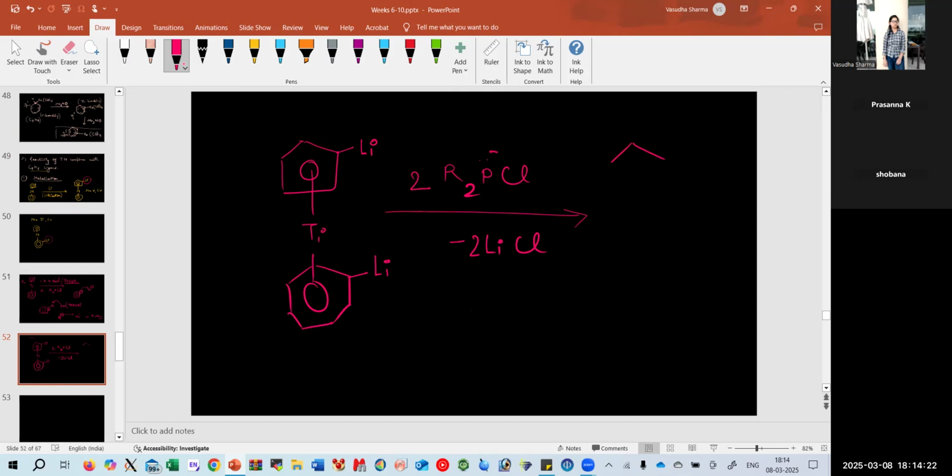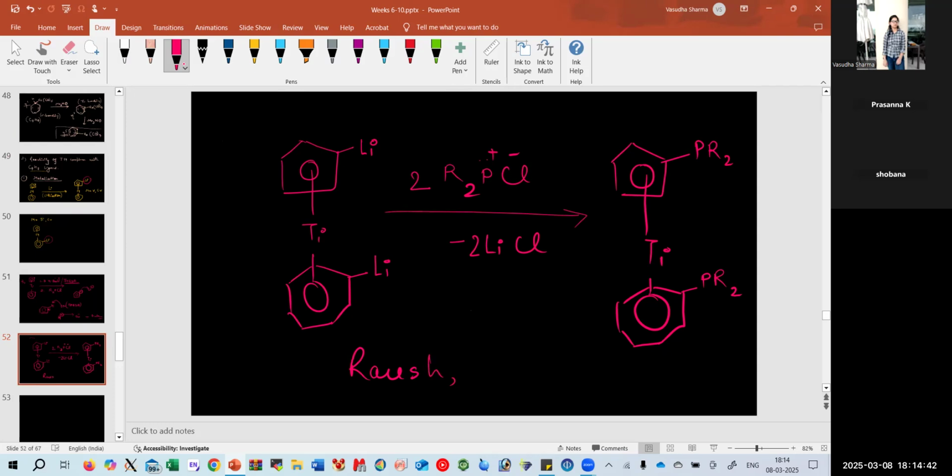Because this is positive and this is negative, ultimately in place of lithium you now have another group, which is PR2, your phosphine group. This was reported by Roche in 1991. So this is part of the reactivity of the C7H7 ligand.